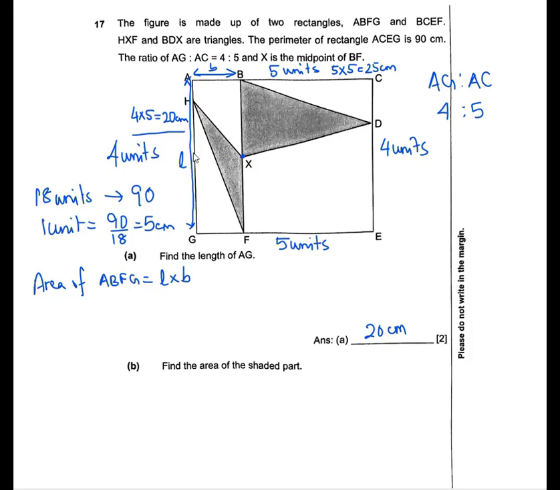Now, what do you think is the area of this triangle FHX? This is the midpoint of BF, which means if this whole length is L here, then FX will be L by 2, because this is half the length of this.